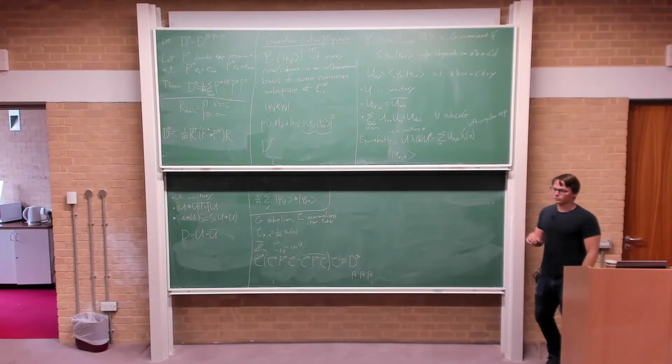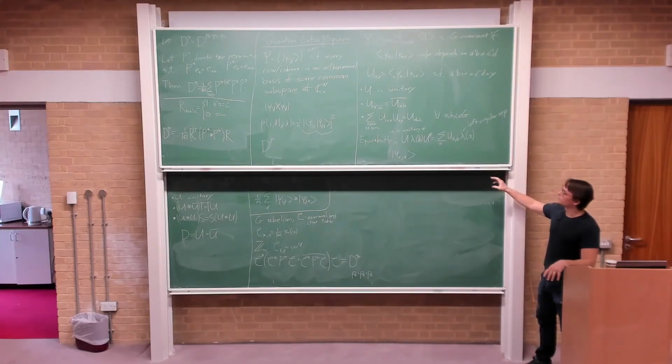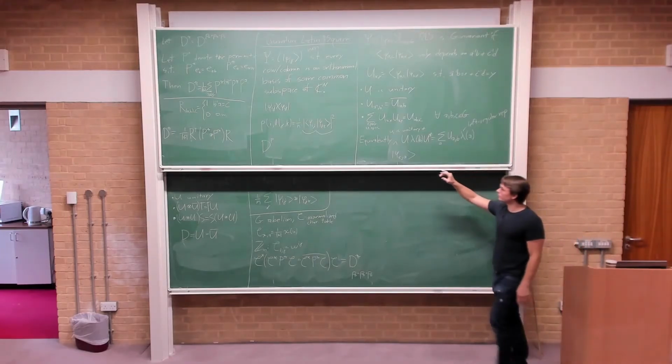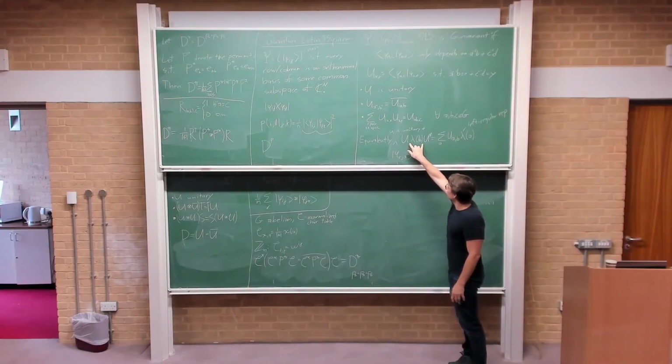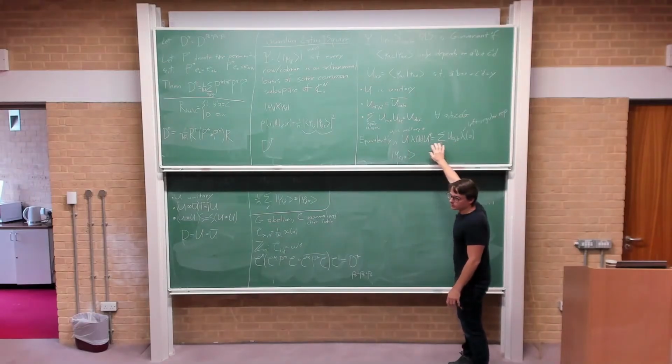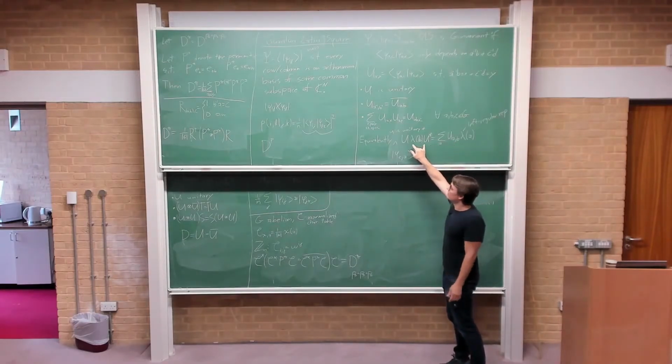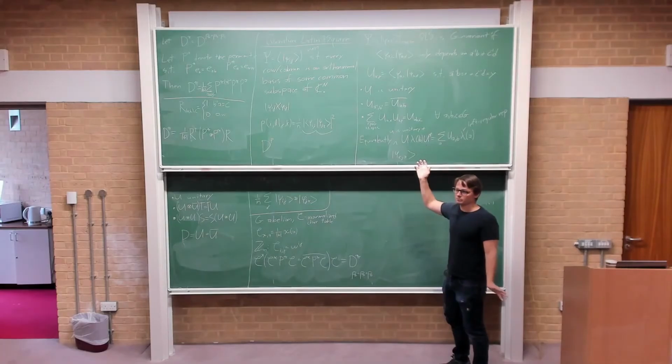Now, one thing to point out is that there are unitaries where this will be an automorphism, but won't satisfy this equation. That's because they give the same automorphism.